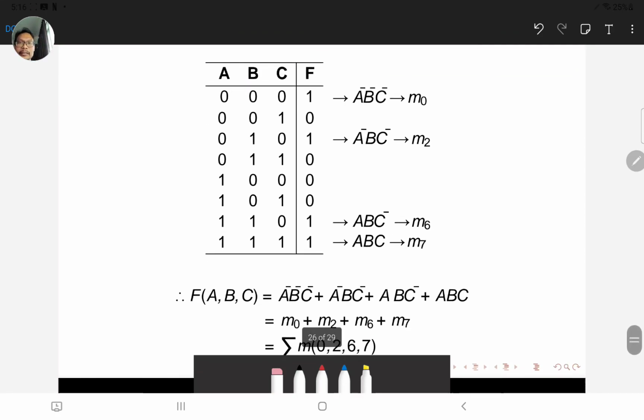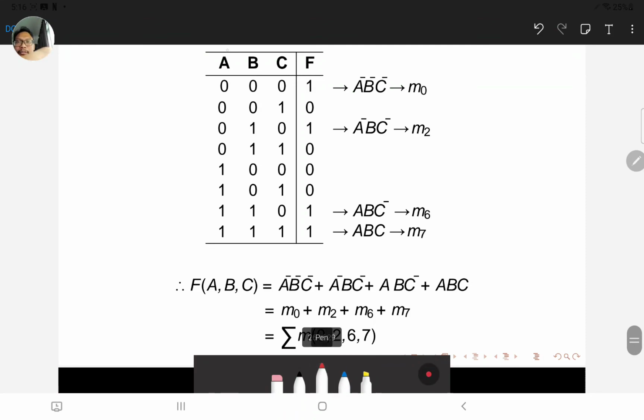Let's look at the canonical SOP form first. We have our input here and our output. What you want to do is get all the ones on the output, and from the ones we are going to generate the min terms.